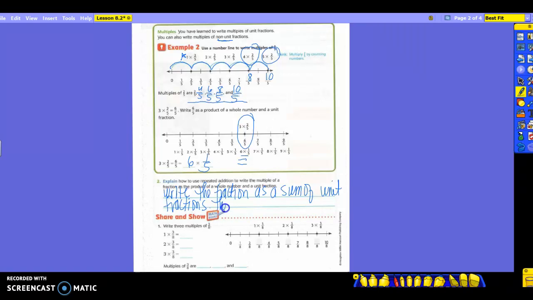So the repeated addition shows the number, and I'm running out of space, of addends. So however many times you're doing that repeated addition is going to show you the amount of addends.